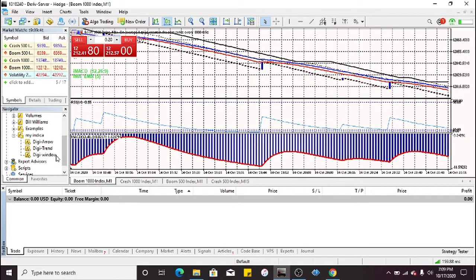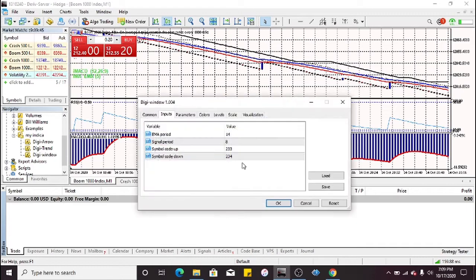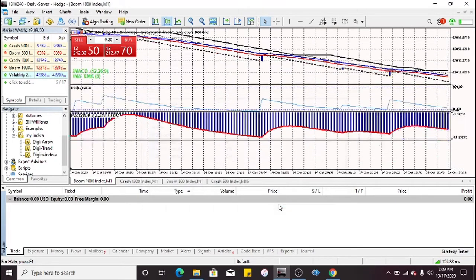You just leave the default settings like that.